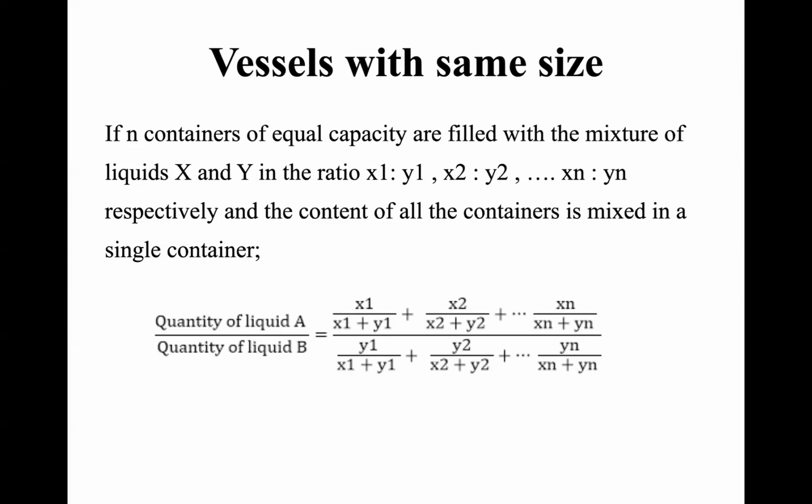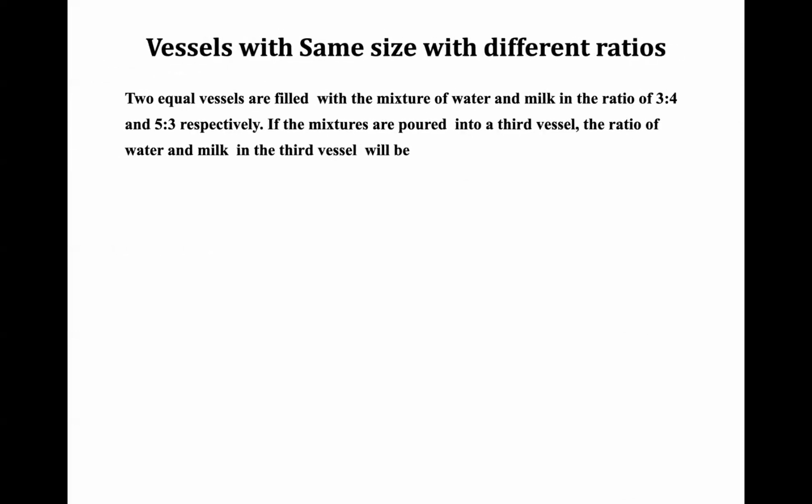So let's try to understand this one with one example. Two equal vessels are filled with a mixture of water and milk in the ratio 3 is to 4 and 5 is to 3. If the mixtures are poured into a third vessel, the ratio of water and milk in the third vessel will be? So let us take the first vessel, assume it is 1 liter.